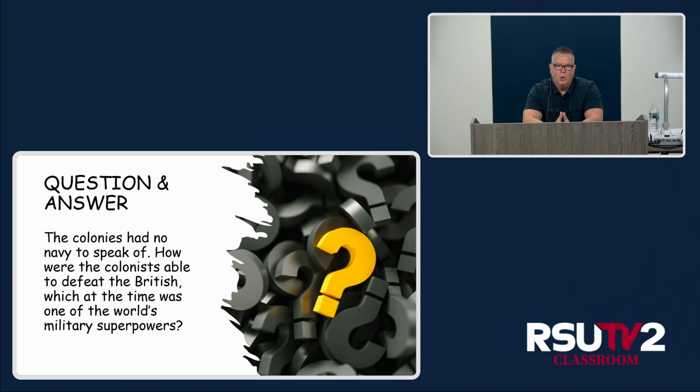You had Lord Cornwallis go to the south, thinking that he could defeat the local areas there, and then he would have an easier time defeating Washington's army, having wrapped up the South, if you will.